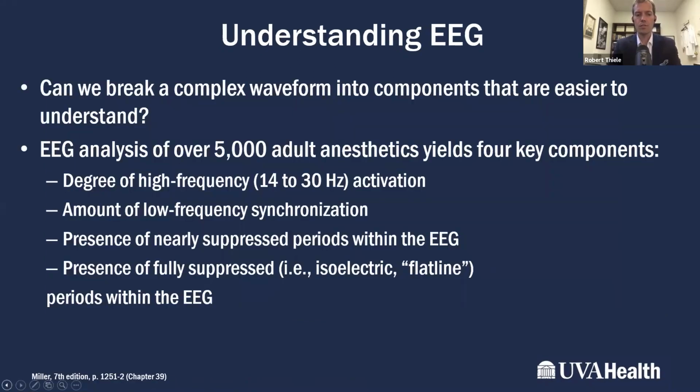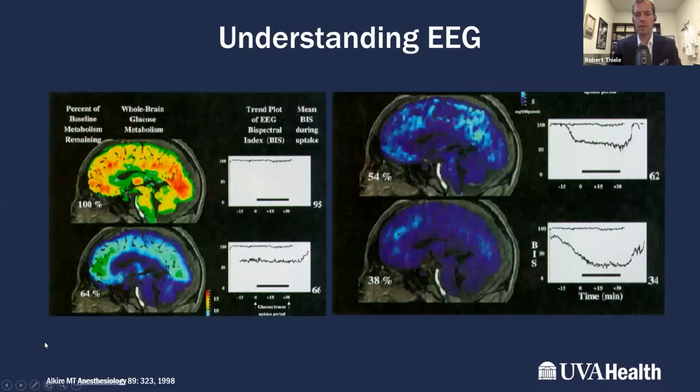This just shows that the depth of anesthesia actually is correlated with metabolism in the brain, which is, I think, quite fascinating from a physiologic standpoint, as the EEG depth of anesthesia gets lower as the patient gets deeper and deeper under anesthesia. As measured by EEG, you actually see a measurable decrease in metabolic activity of the brain.